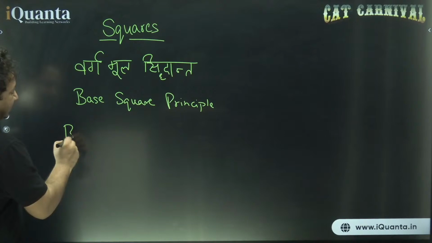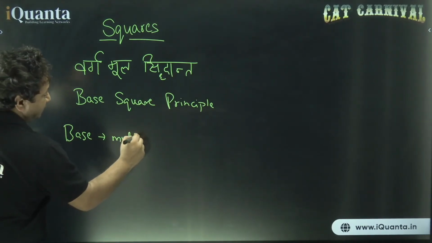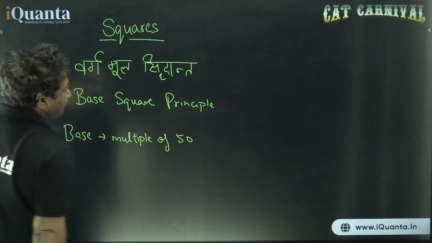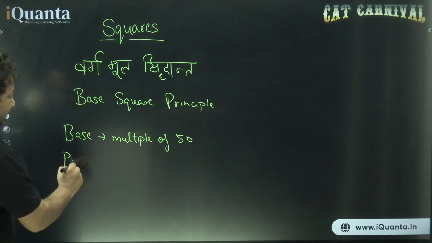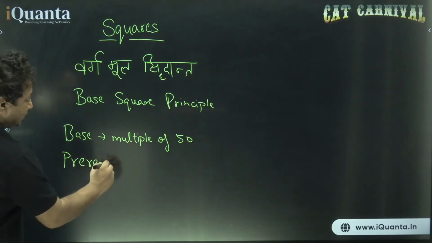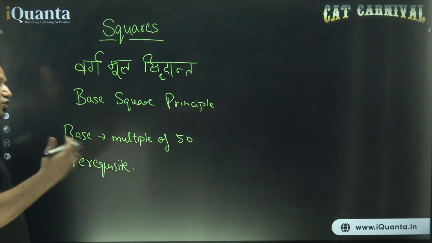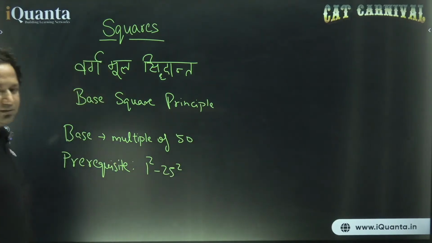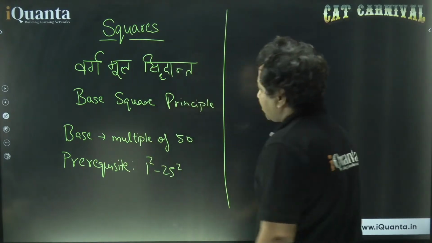So base is nothing but a multiple of 50. That is one thing. And the prerequisite to use this technique would be you should know all these squares from 1 to 25 and rest everything is sorted. Square of 125, if you know this, things will be sorted.